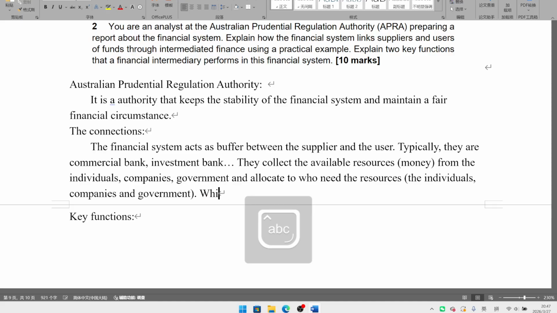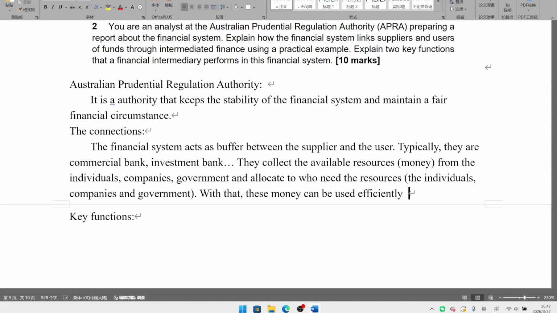With that, this money can be used efficiently.